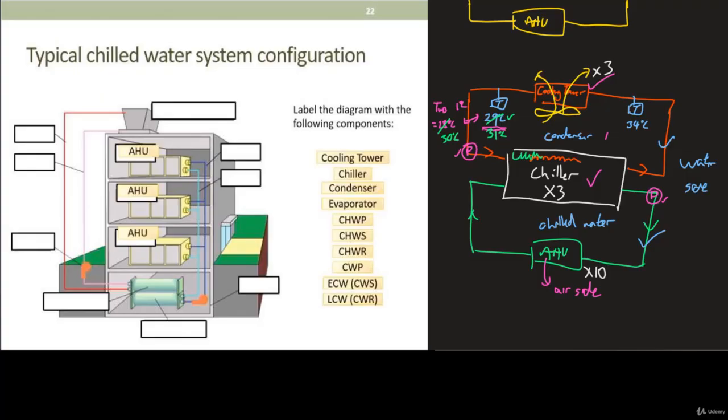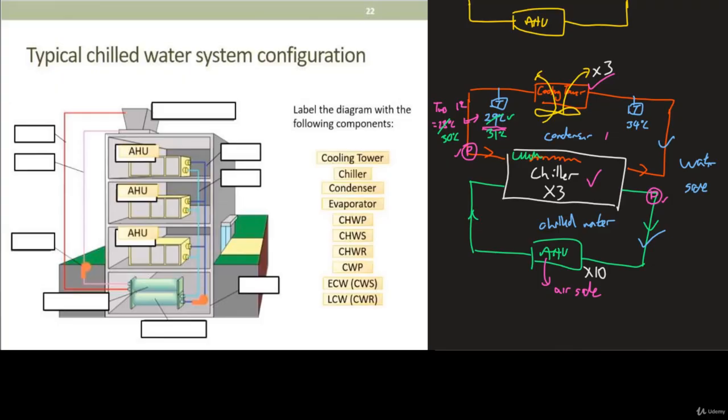It depends how big is your floor area. So let's say you have a 10-story building, you may have 10 to 15 AHU to cool down the entire space. Then some of the spaces that is not being cooled down by AHU, it may be cooled down by FCU. For example, those small localized area like your pantry or your server room. All those may be cooled down by FCU instead.